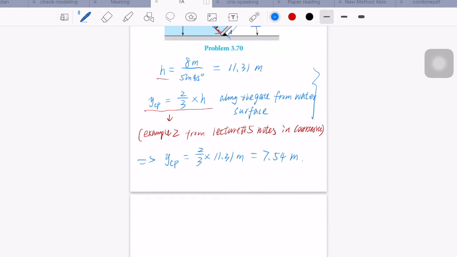So we can determine that the YB should be equal to 11.31 meters minus 3.5 meters. So the YB should be equal to 7.81 meters along the gate from the water surface.